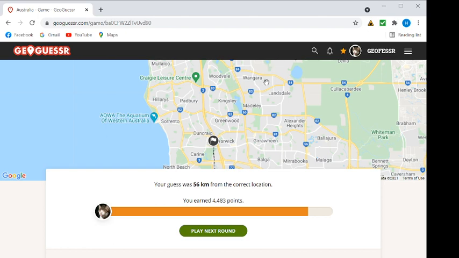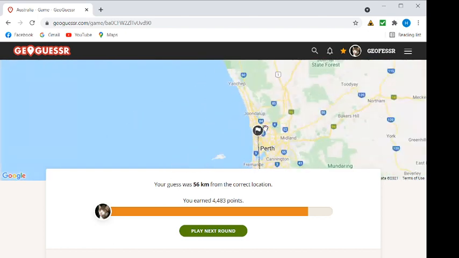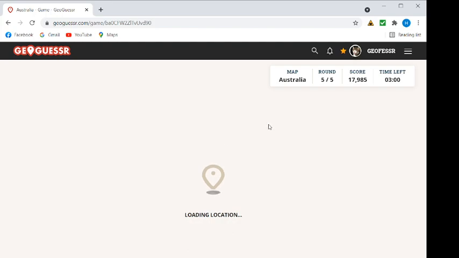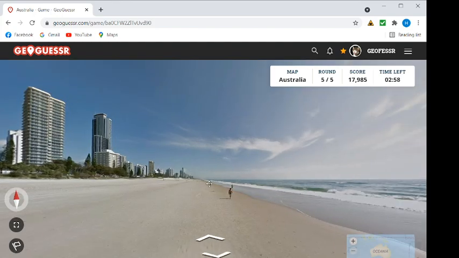There are not a lot of clues for that otherwise. And again, it looked relatively dry. Like that suggested that it wasn't the East Coast. But relatively dry areas can be, of course, Melbourne, Adelaide, that sort of area.